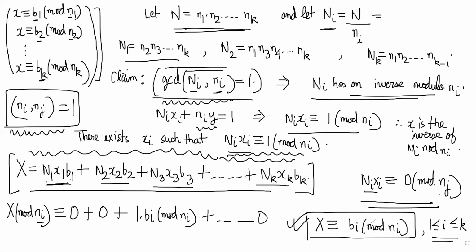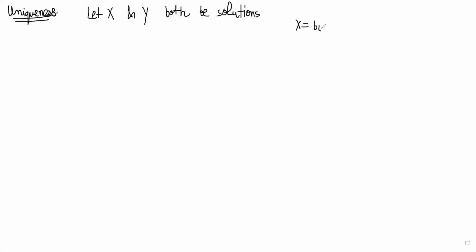So we have not yet proved the other part of the question, which says unique solution. So for uniqueness, let x and y both be solutions to the initial system of congruences. That means x is equal to bi mod ni and y is equal to bi mod ni for all 1 less than or equal to i less than or equal to k.